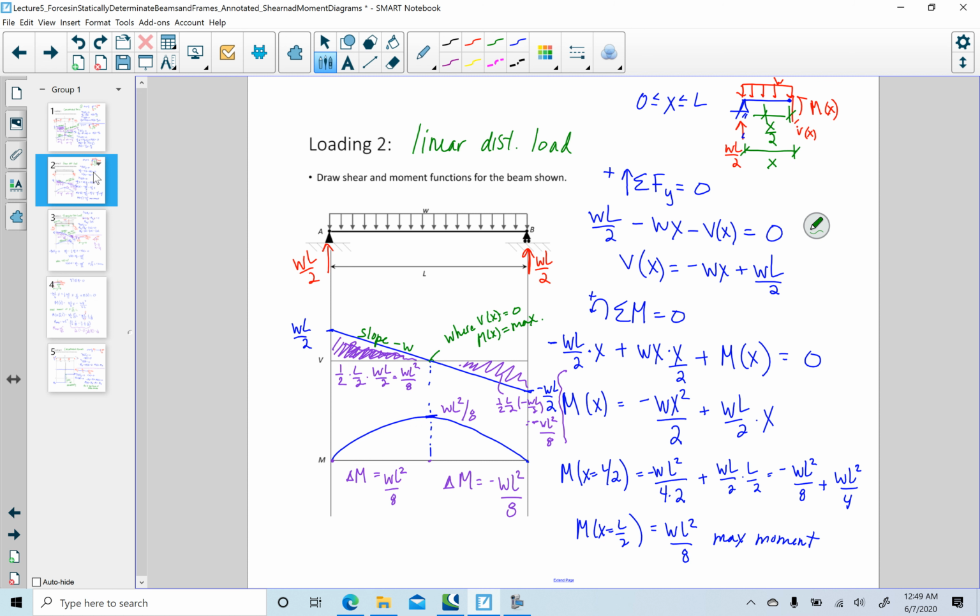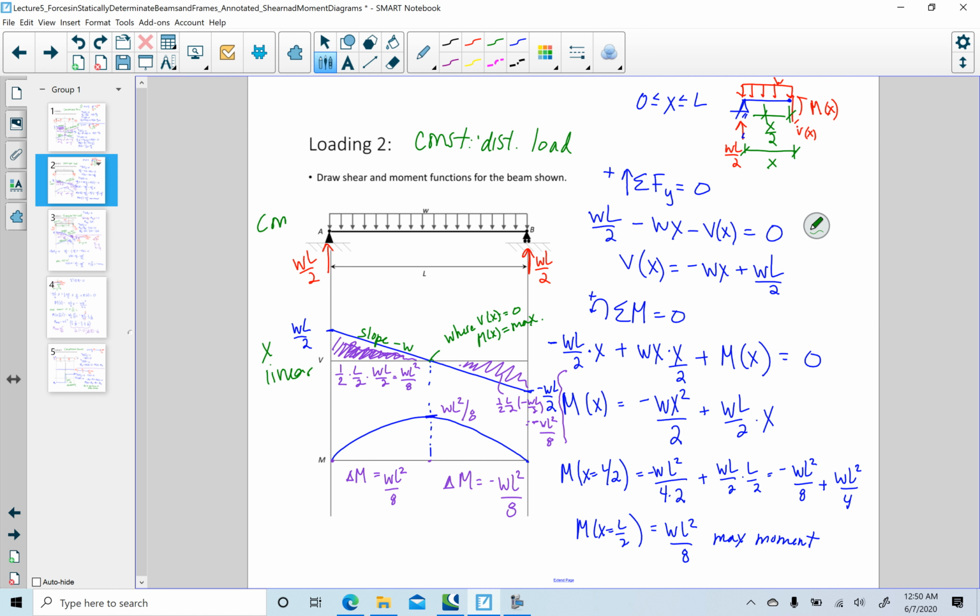If you have a distributed load, let's say it's just a constant distributed load, then your shear function is linear.